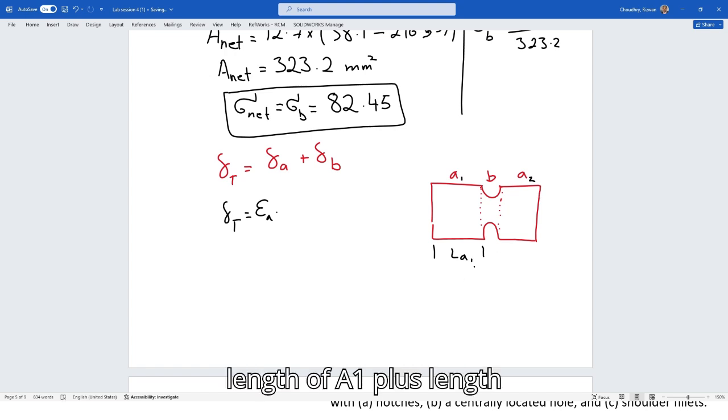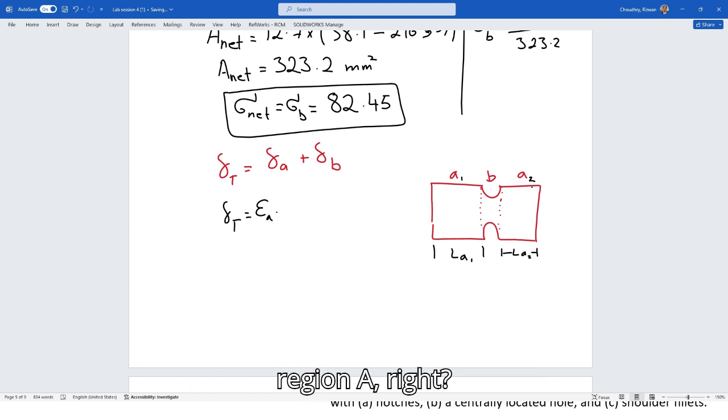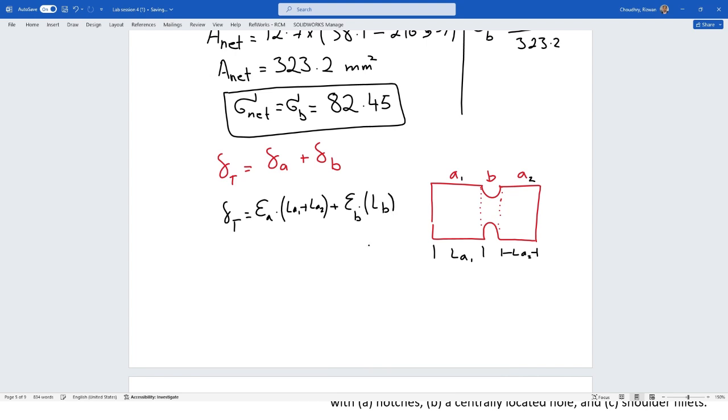So the length of A1 plus the length of A2 will give us the total for region A, right? Then I can add epsilon B, which is the strain in region B, multiplied by the length of region B.